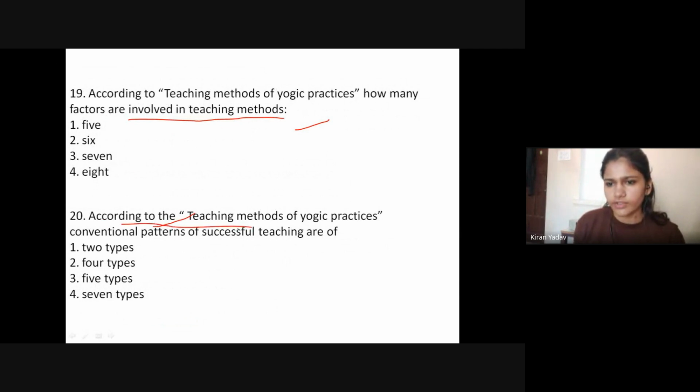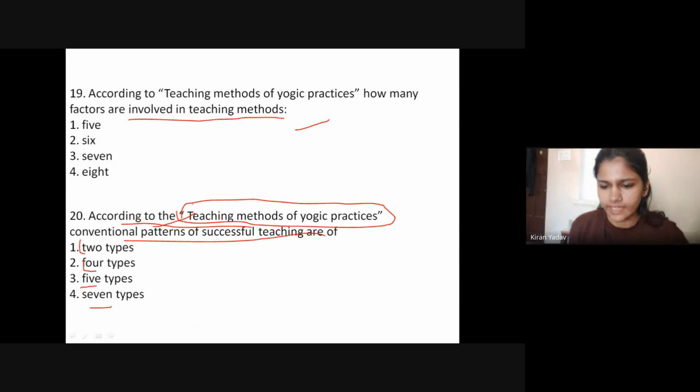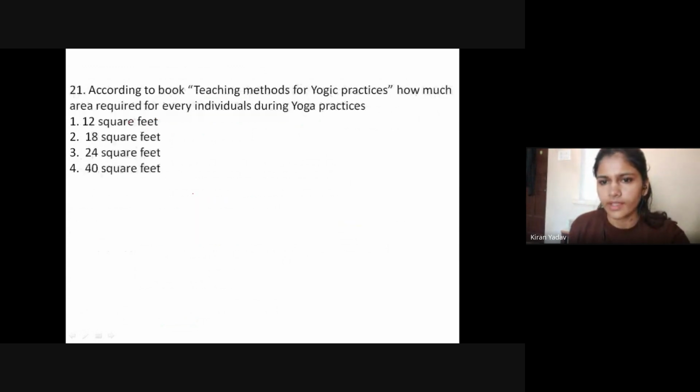According to teaching methods of yogic practices, conventional patterns of successful teaching are of 2 types, 4 types, 5 types, 7 types. As you can see, the questions have been asked directly from the book. According to the book Teaching Methods of Yogic Practices, how much area is required for every individual during yoga practice? So these are all the questions.